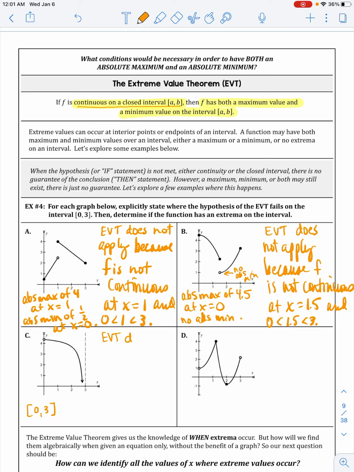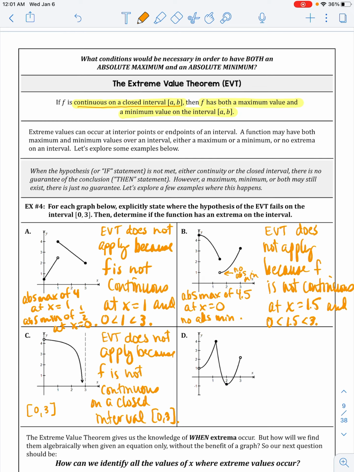So the extreme value theorem does not apply because f is not continuous on a closed interval. Okay, so that's the reason.